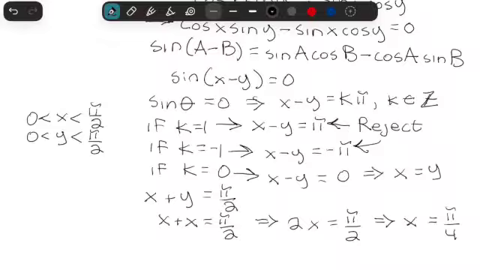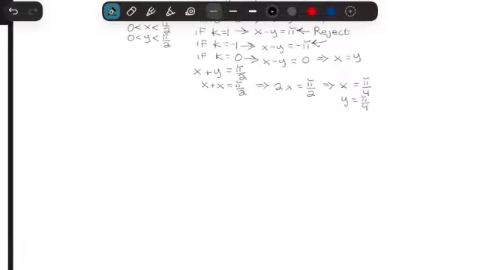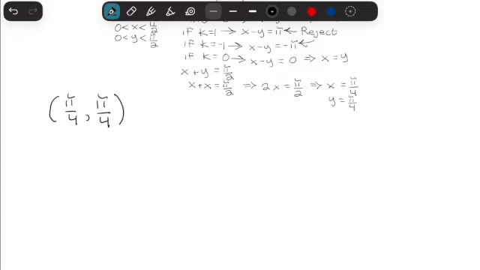And since x equals y, we also know that y equals pi over 4. I just minimized this stuff to give us some more room. So now we have the point pi over 4, comma, pi over 4, and that is our Lagrange point.